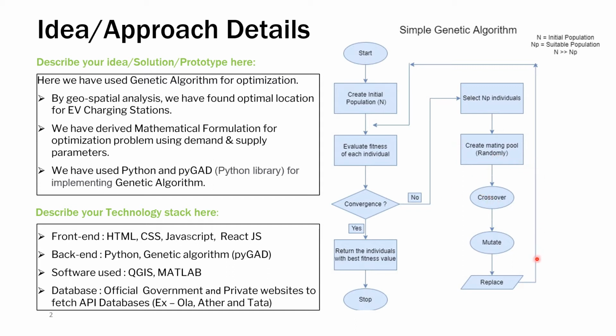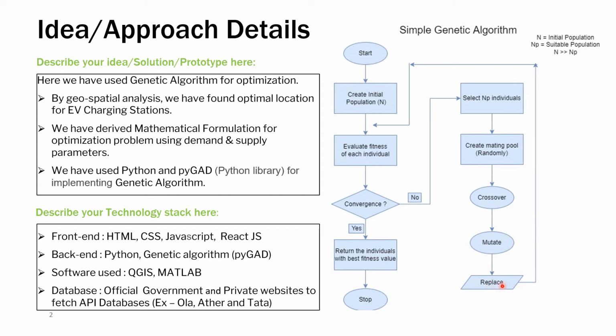To reproduce or create offspring, we use crossover and mutation. Crossover is a function for which there are 5 ways. We produce some offspring using one of them, and we also have mutation, so we mutate the parents and generate new offspring.